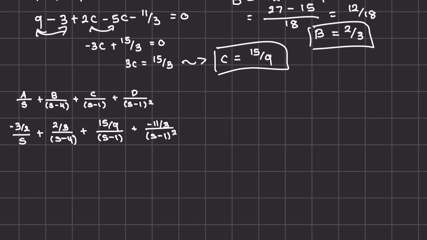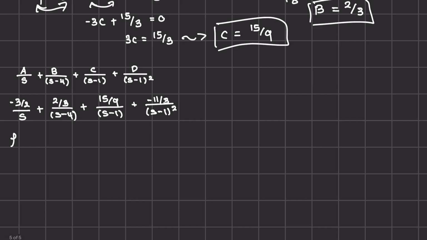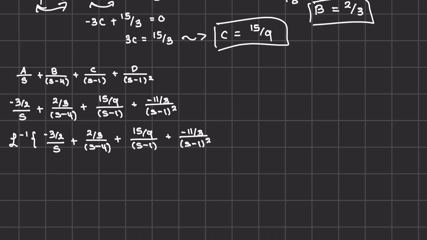Our very last step, after we did all of this, is we just need to take the inverse Laplace transform. So taking the inverse Laplace of all of this, our partial fraction, by using the Laplace tables. We're not going to do it from scratch.